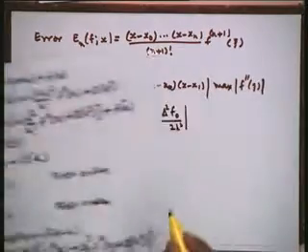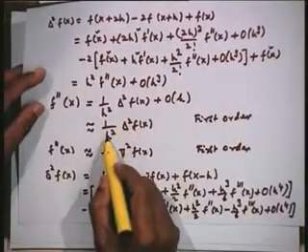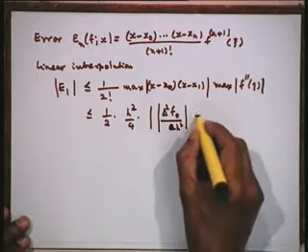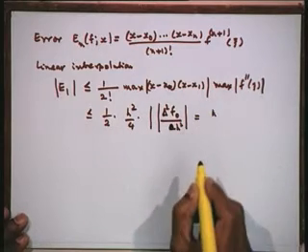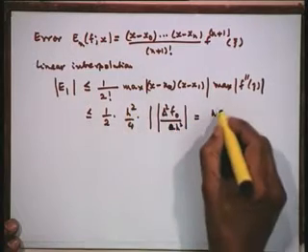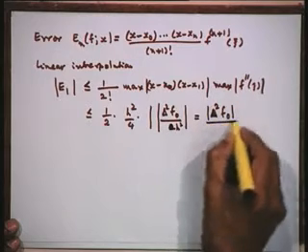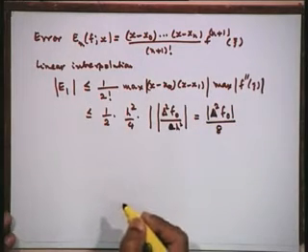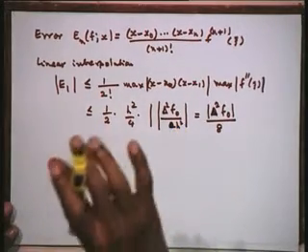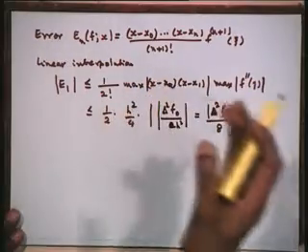I am taking the expression from here, delta squared f naught upon h square. Therefore, this is equal to h square, h square cancels with h square, I have 8 here, delta squared f naught in magnitude divided by 8. Therefore, if I have got a table of values and I am using linear interpolation using a particular 2 points, now I have got in that table available for me forward differences.